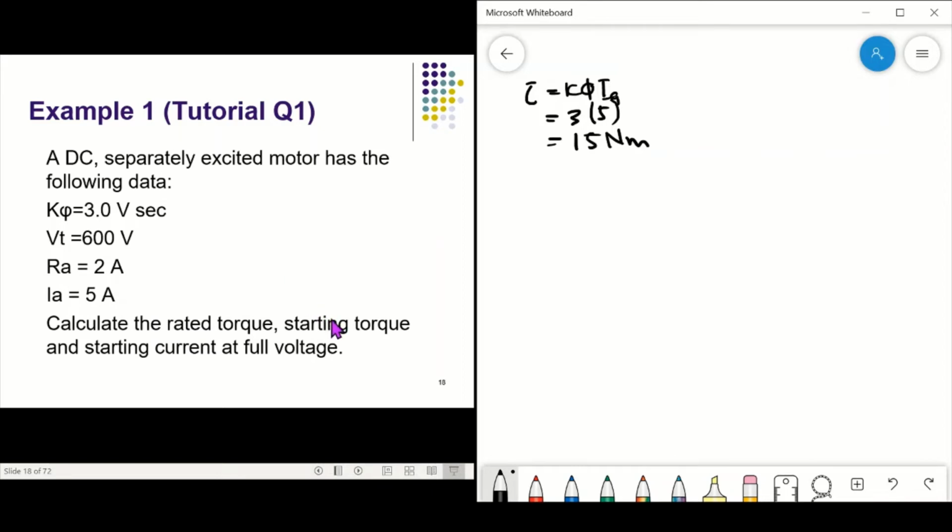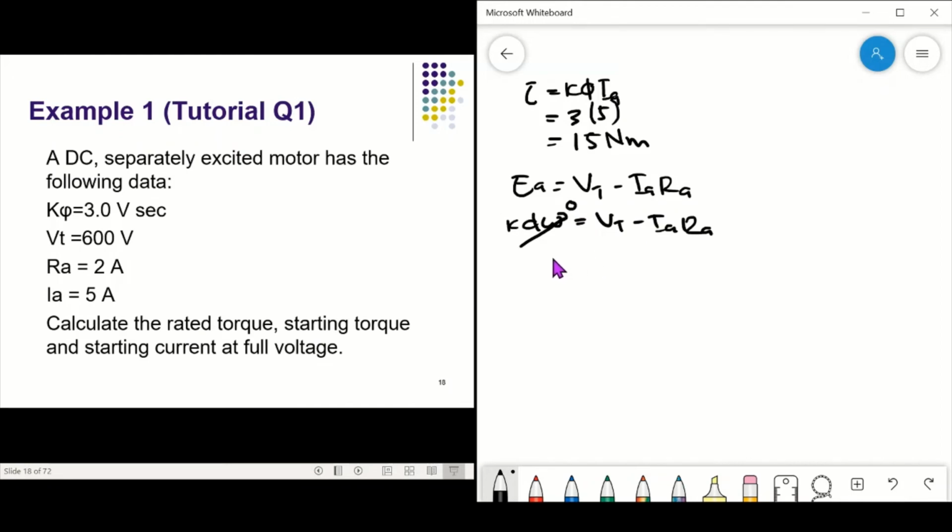The next is the starting torque. How to calculate the starting torque? We can also use this equation, torque equals K flux IA. But here, how to calculate the starting current? We have EA equal to VT minus IA RA, and EA equals K flux omega. At starting, omega equals 0.